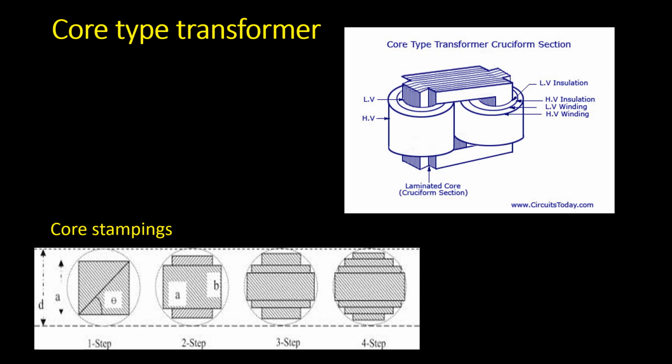In small size type the core will be rectangular in shape and the coils used are cylindrical. As shown in this particular figure, you can see that the round or cylindrical coils are wound in such a way that they fit over a cruciform core section.